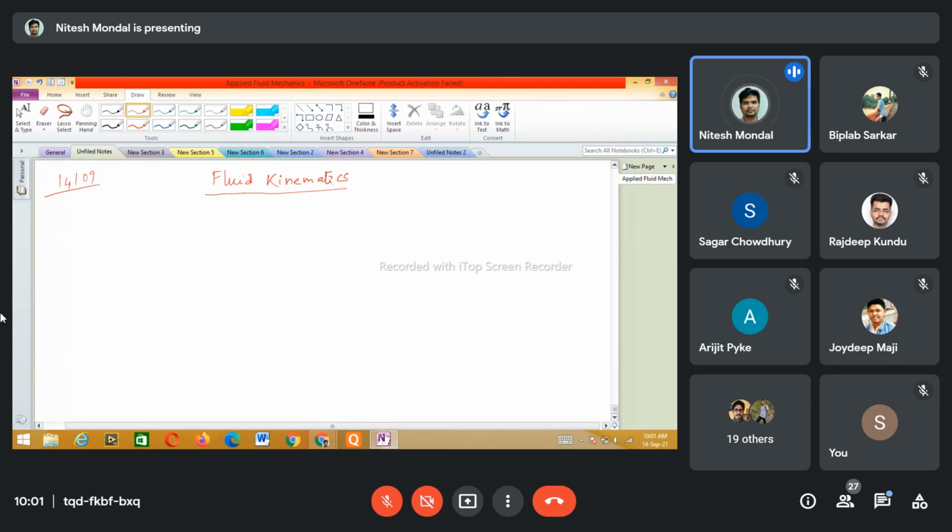Now we come to fluid kinematics, and in this case, the velocity and acceleration of fluid particles are functions of space and time both. So velocity and acceleration are both functions of the coordinates x, y, z, and t. These are the two major quantities which depend on space and time.